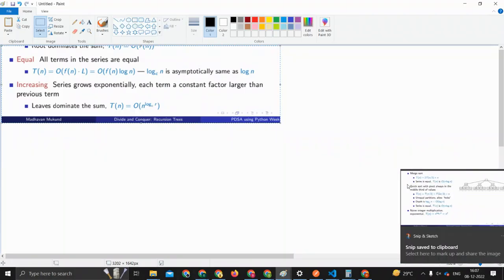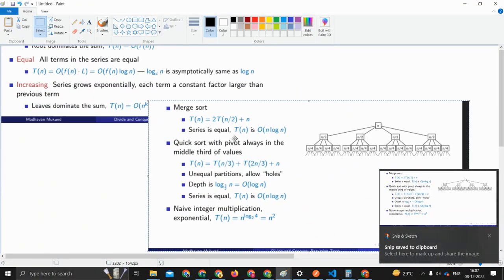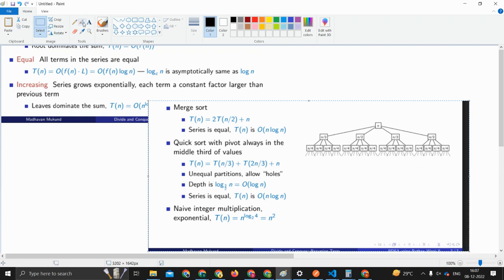Okay. Look at this. First time it is n. Then n by 2 plus n by 2 plus n by 2 plus n by 2, which is 2n. Next this will become 4n. Next, it will become 8n.